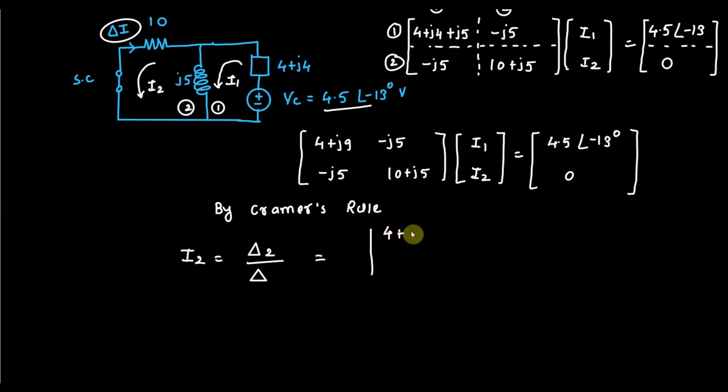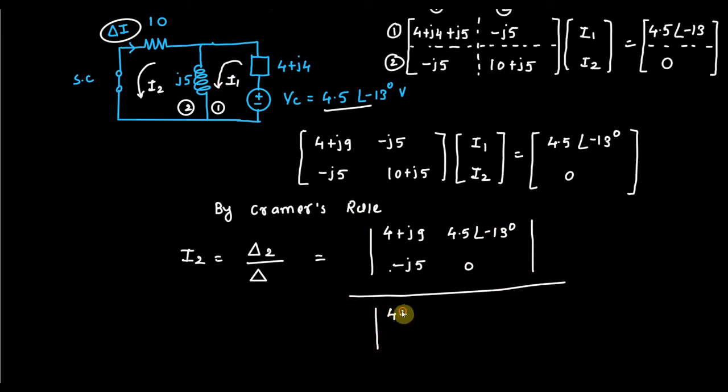So it is 4 plus J9, minus J5, and the voltage matrix, 4.5 angle minus 13, and 0. This should be divided by the Z matrix. So the Z matrix is this one: 4 plus J9, minus J5, minus J5, and this will become 10 plus J5.